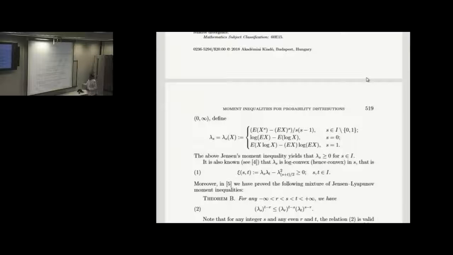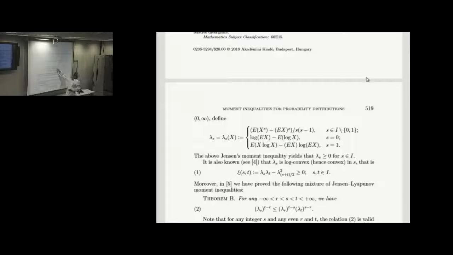First of all, is this property that lambda is always greater than 0. Why? Because of this Jensen's inequality. When s is greater than 1, this quantity is positive. But this quantity up there is also positive because of Jensen's inequality. So, in this case, when s is greater than 1, it is positive.